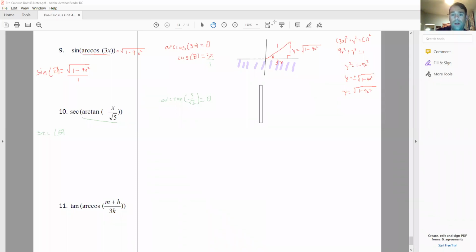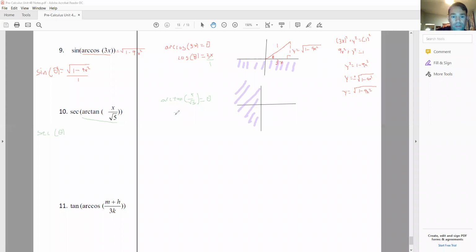So just for the good practice of it, we're going to make sure we draw that appropriately. Where is arc tangent at? That's in quadrant 1 and 4. But again, with variables, we're always putting it in quadrant 1.